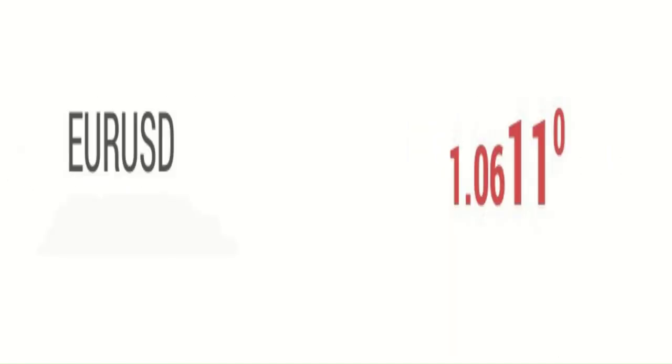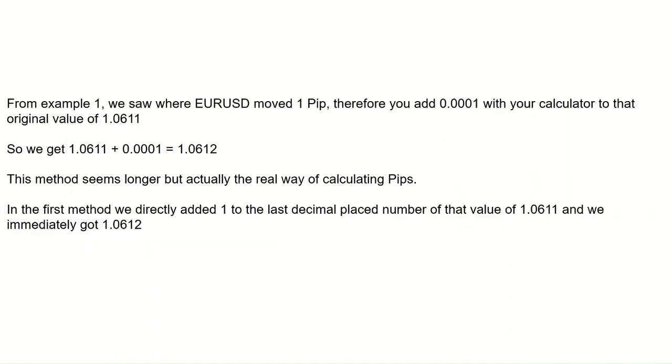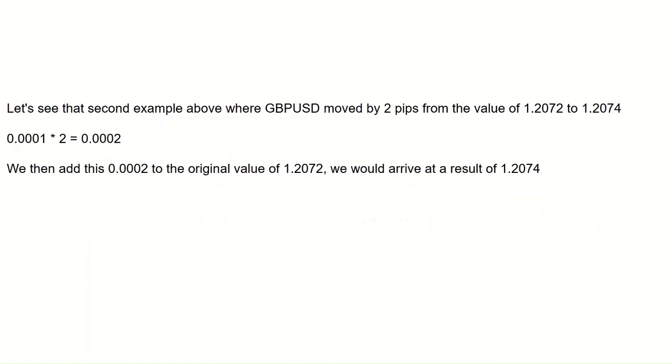If we go back to the first example too, 1.0611 is the current market price, and it made a movement of 1 pip. So we can say 0.0001 times 1, the number of times EUR/USD moved, which still gives us 0.0001. Then we add it to the original value, and it gives us 1.0612. So that is how to calculate pip movement, and this is the more appropriate way of calculating it.